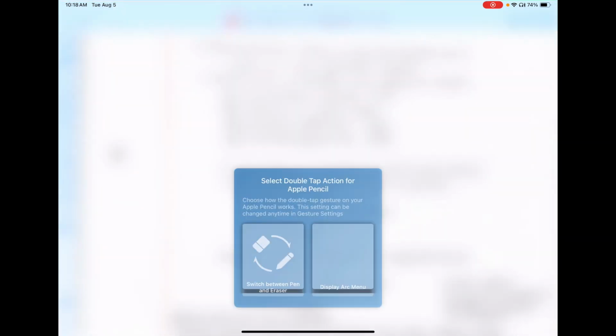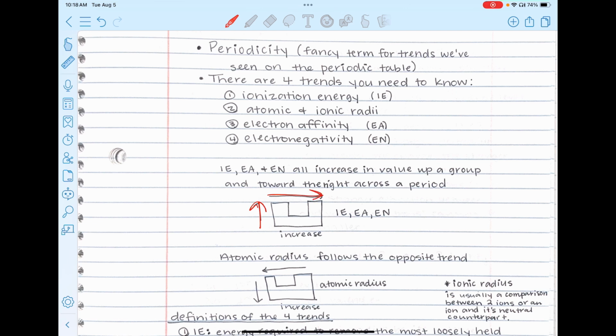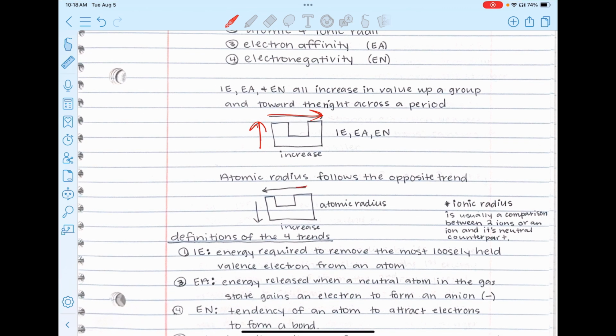So we increase as we move up and increase toward the right across the periodic table. Atomic radius goes the opposite way. Okay, so the other three, up and right; atomic radius is going to increase to the left and increase down, the opposite trend.